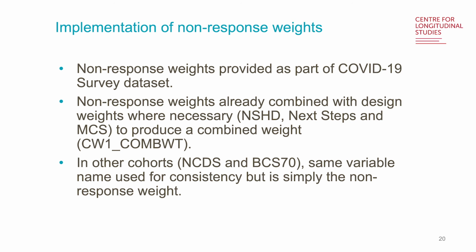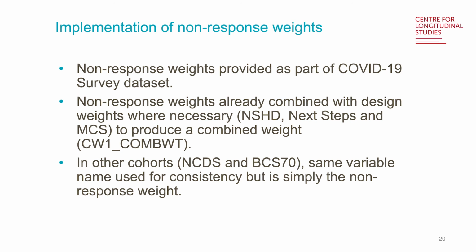Because of the way that we're looking to apply these non-response weights in an inverse probability weighted approach, we can just combine those, take the product of those with the existing design weights to provide one overall combined weight to make available, and that's the weight that should be used in any analyses using the COVID-19 survey data. That's what we've done in NSHD, Next Steps, and MCS. We've already combined our non-response weights with the design weights and produced this combined weight.